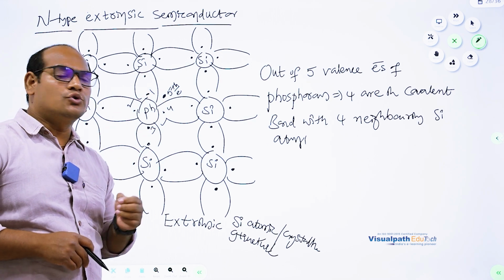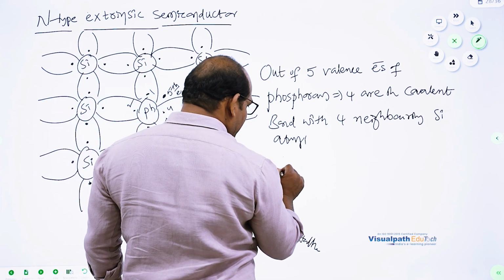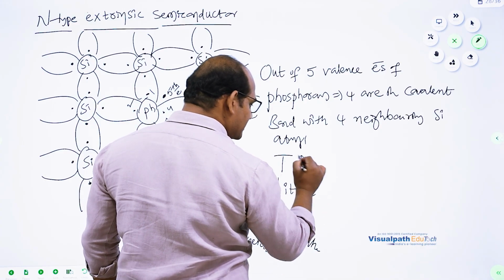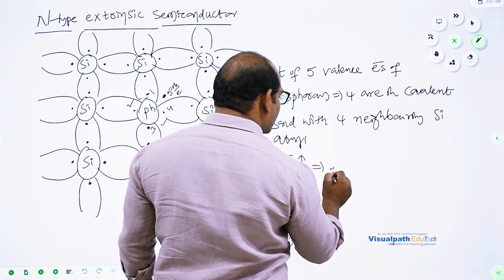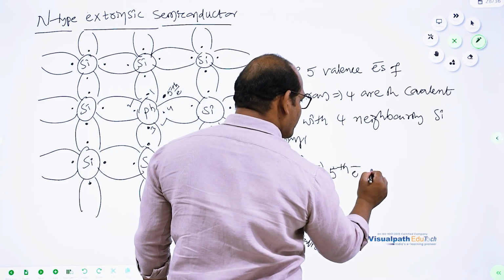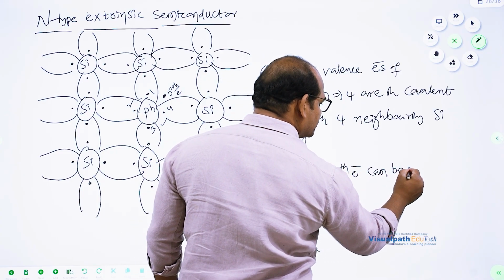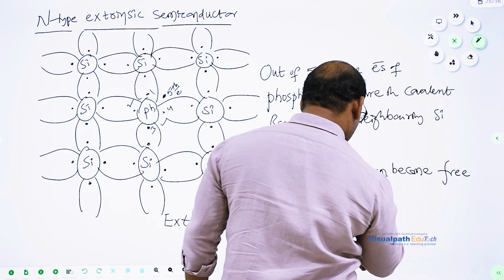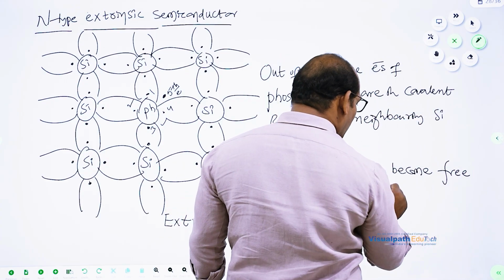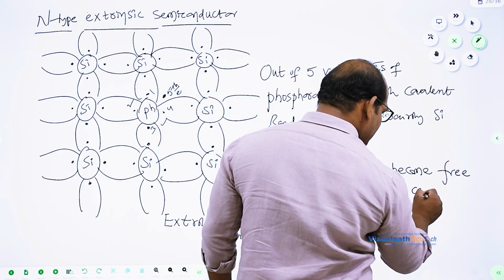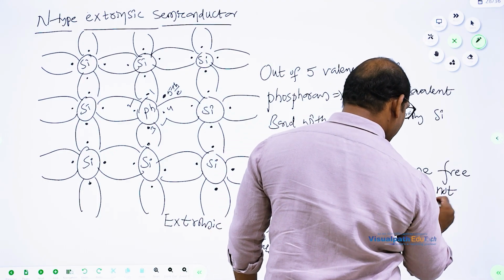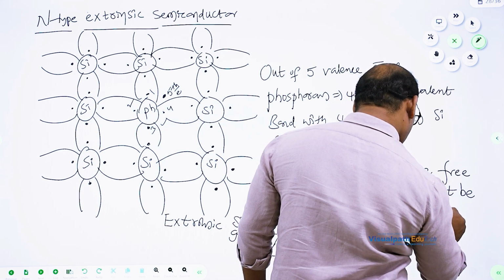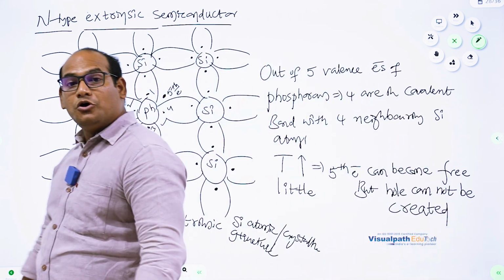With a little increment in the temperature, the fifth electron can become free, but due to this, a hole cannot be created. This is the main important point here.